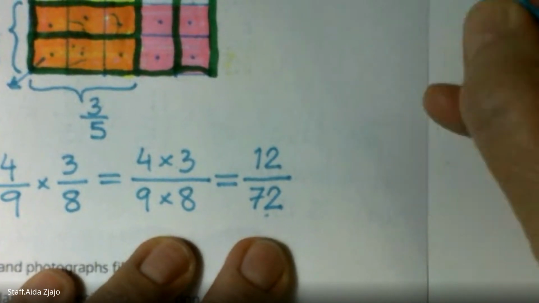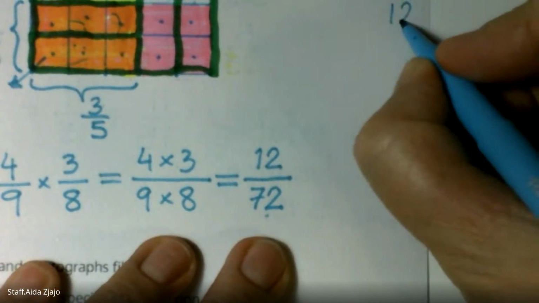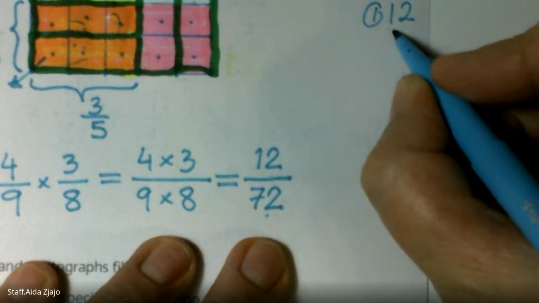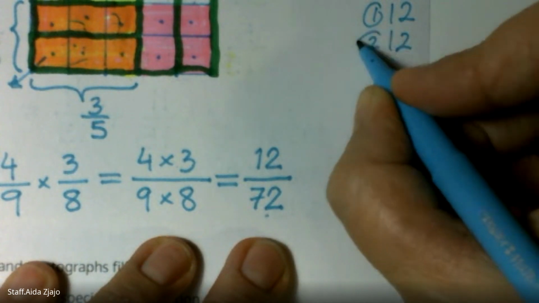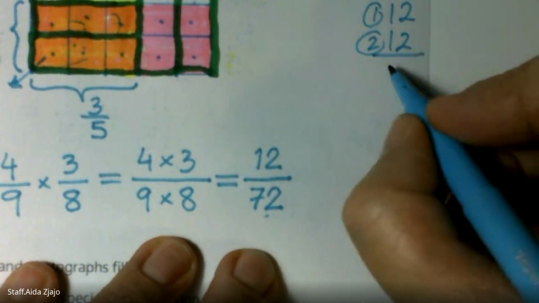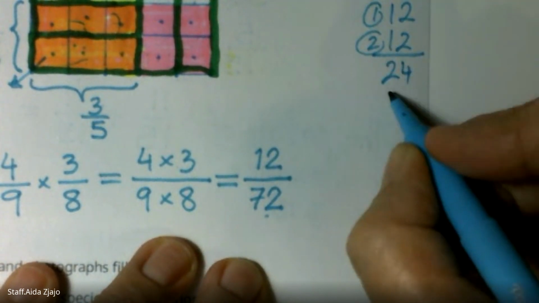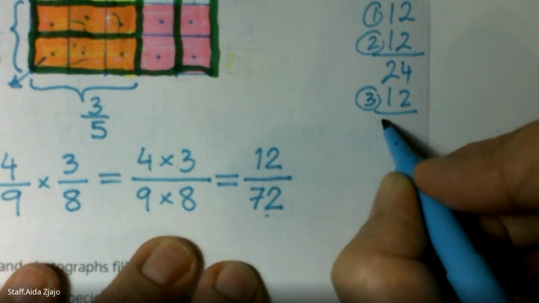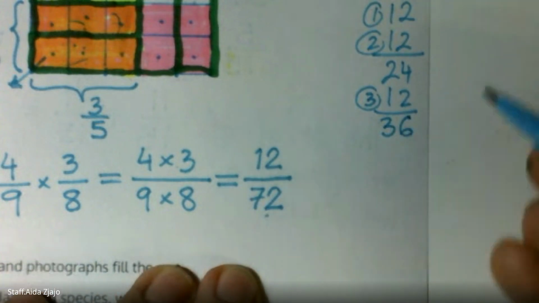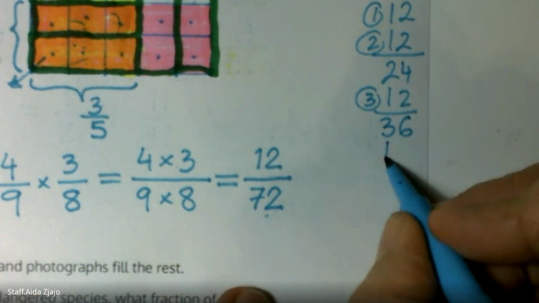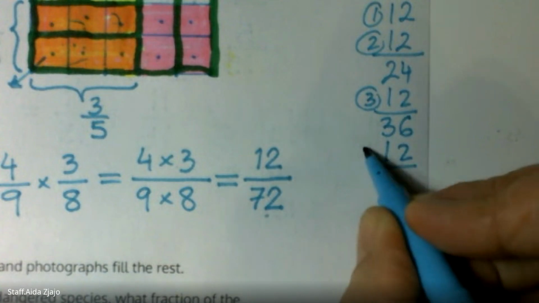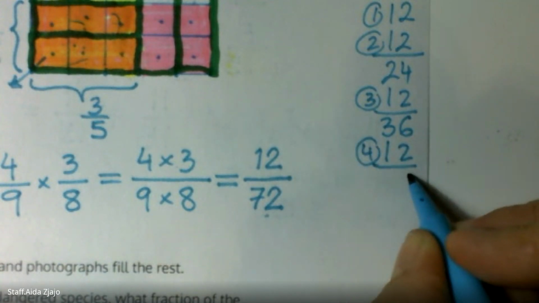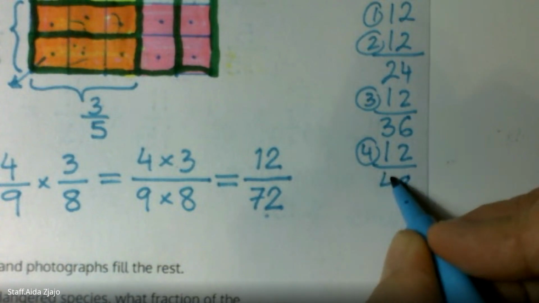So I'm just going to say, okay, 12, that's 1. If I add 12 more, that is 2 12s, so that's 24. If I add 12, that's 3, so 36. And I can go one more, that's 4, that is 48.